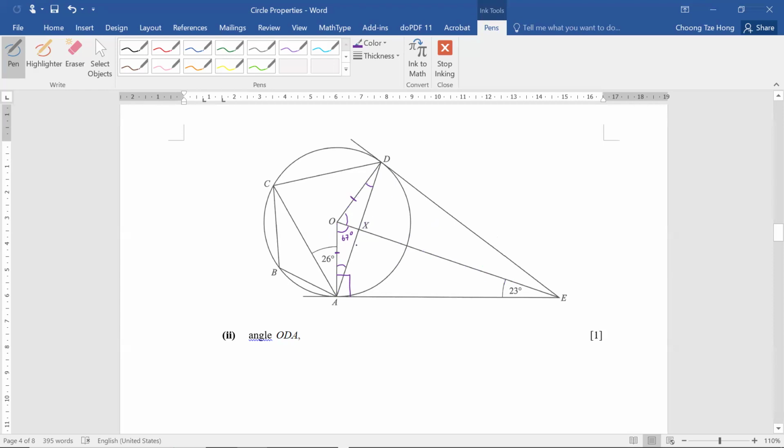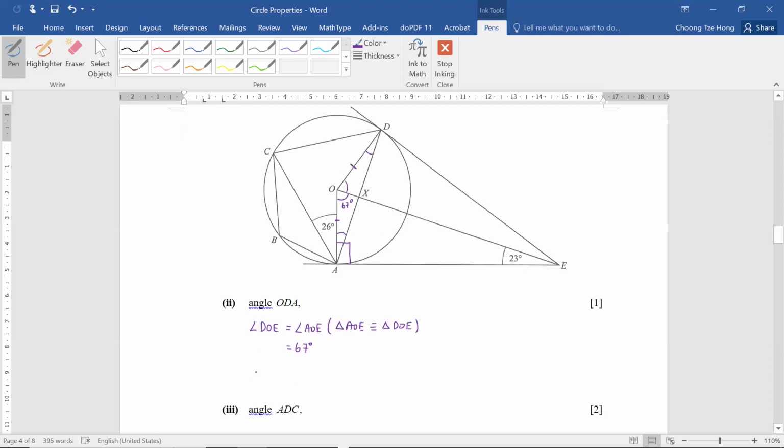So angle DOE will be equal to angle AOE, which will be 67, because the two triangles are congruent from part 1.